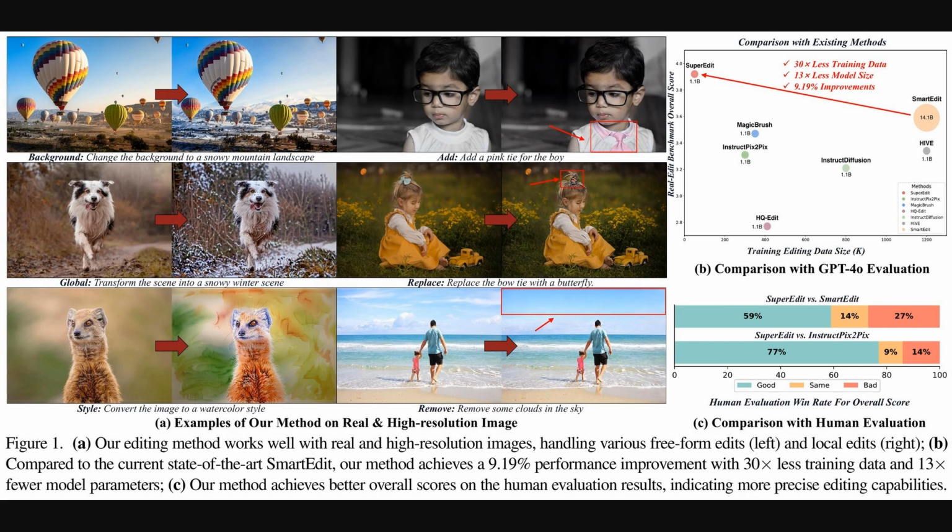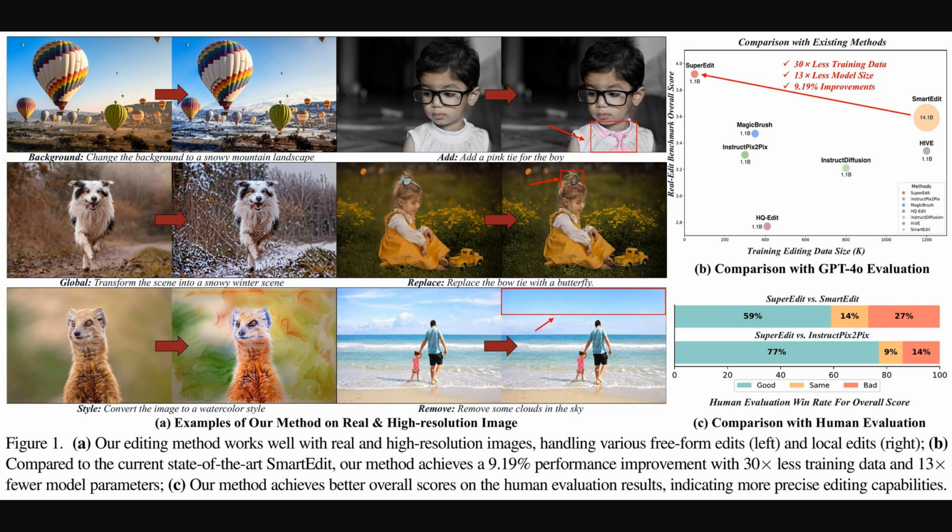Alright, so to really see what SuperEdit can do, Figure 1 offers some great insights. Panel A displays several example edits, from changing entire backgrounds, like making a field snowy, to adding small details such as a pink tie to a boy. Then, Panel B graphically compares SuperEdit with other AI models.